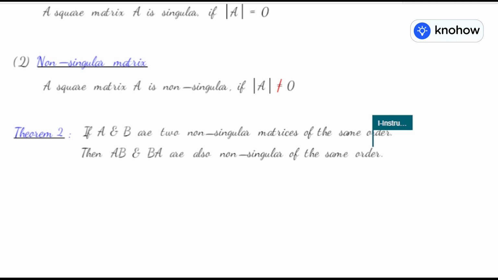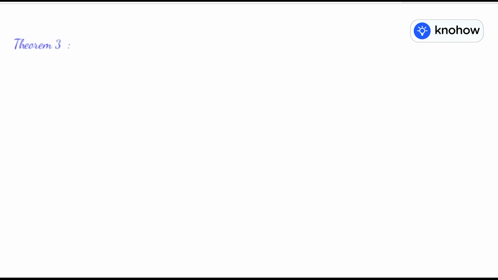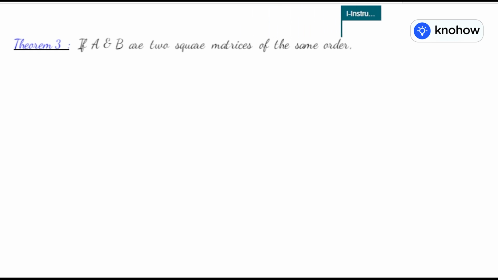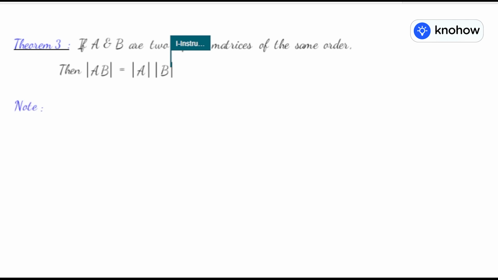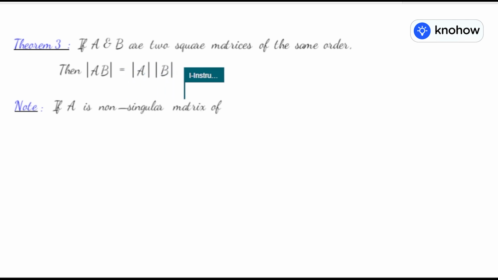Now next result. If A and B are two square matrices of the same order, then the determinant of the product AB will be the determinant value of A into determinant value of B. The another result, please make a note here, that if A is a non-singular matrix of order n, then the determinant of matrix adjoint A, after all adjoint A is a matrix, so its determinant value will be determinant A to the power n minus 1.